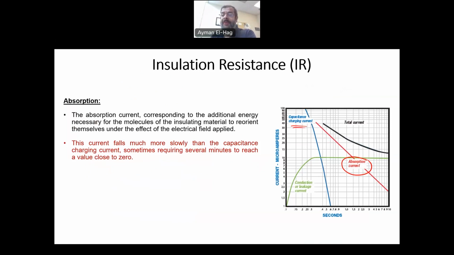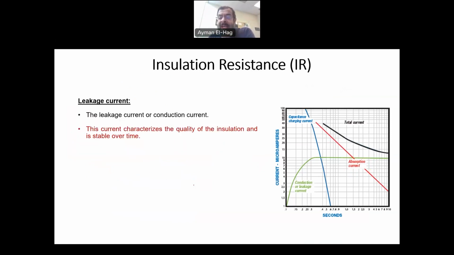So now we have two components related to the capacitive component of the insulation system, and both of these currents are dropping. The last current is the conduction or the leakage current, and that is the current that represents the quality of the insulation. That current starts at 0, then increases and then stabilizes.